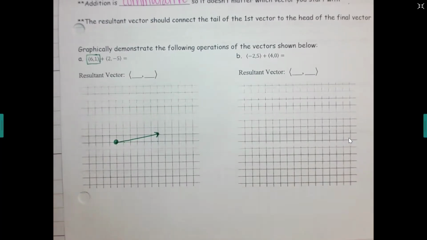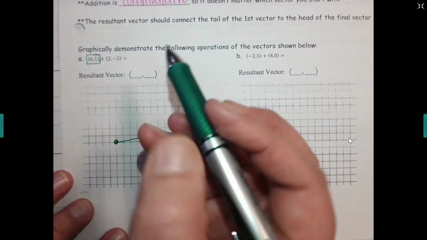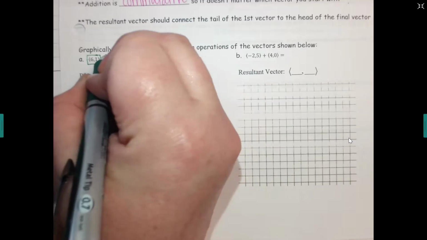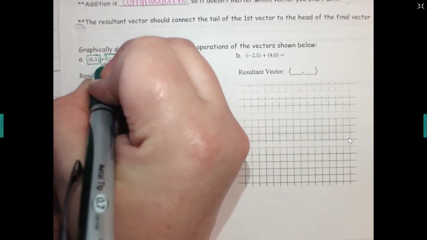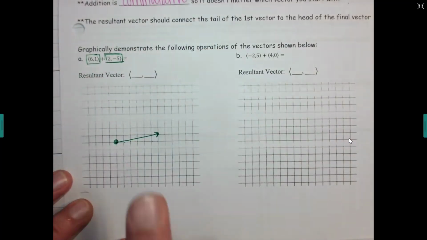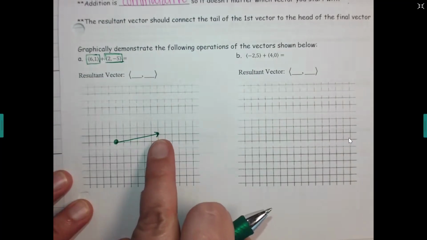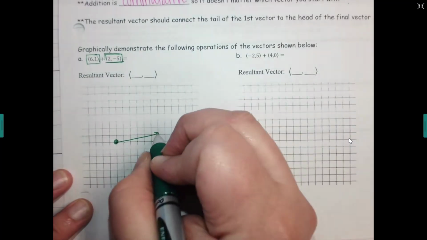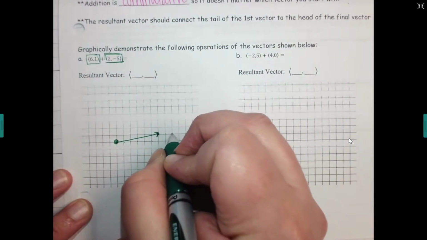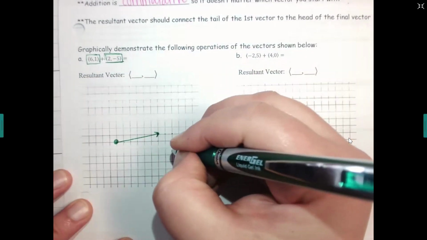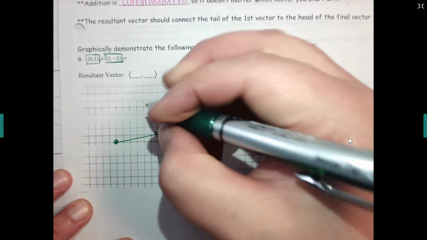Then when you're adding, the next vector has to start right at the end of the one you just did. So I graphed <6, 1>. Now I'm going to graph <2, -5>, but I have to start right here. So I'm going to go over 2 and then down 1, 2, 3, 4, 5.